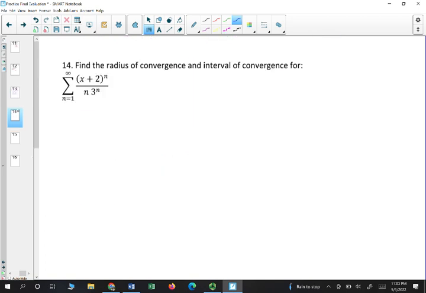Okay, let's take a look at our next one. Radius of convergence and interval of convergence. So this starts off with a ratio test. Okay, so let's do a ratio test here.